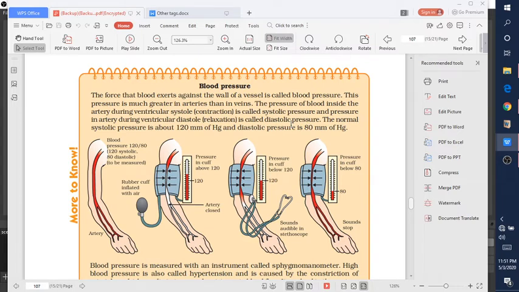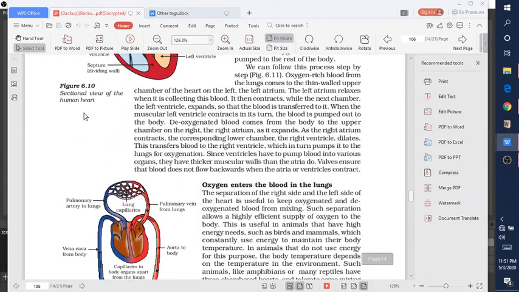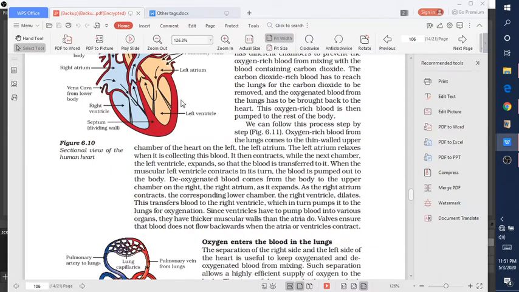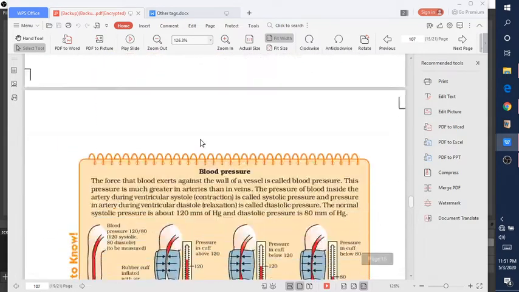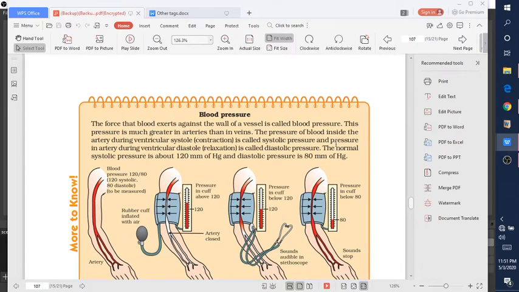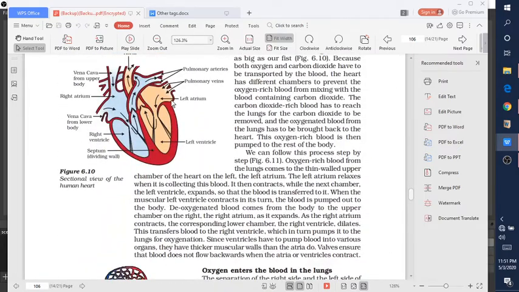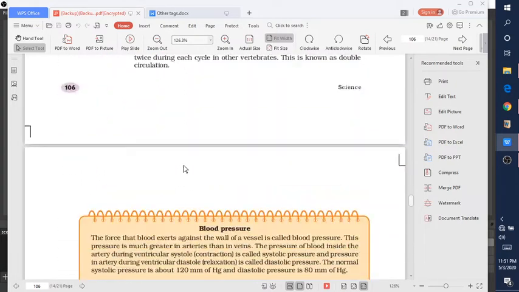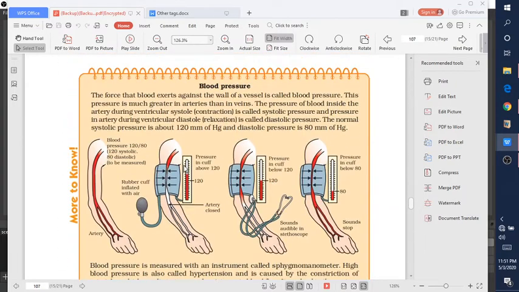Systolic pressure is the pressure exerted when the left ventricle contracts. Diastolic pressure is the pressure when the left ventricle relaxes. So this is diastolic and systolic pressure.